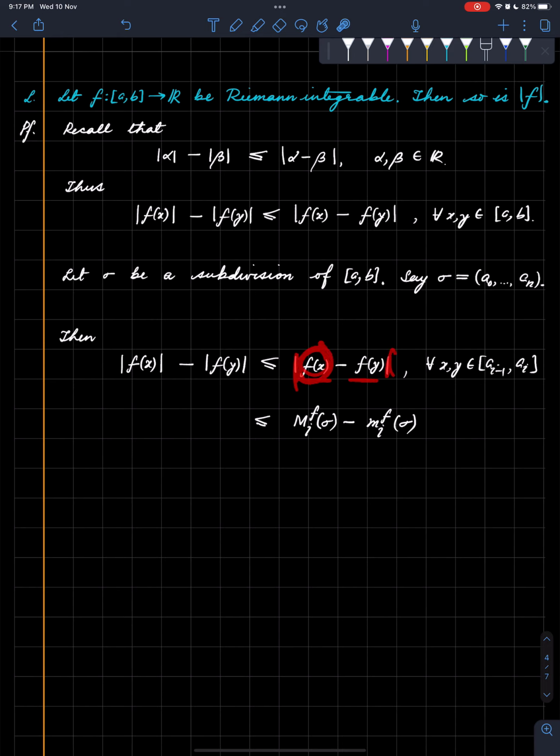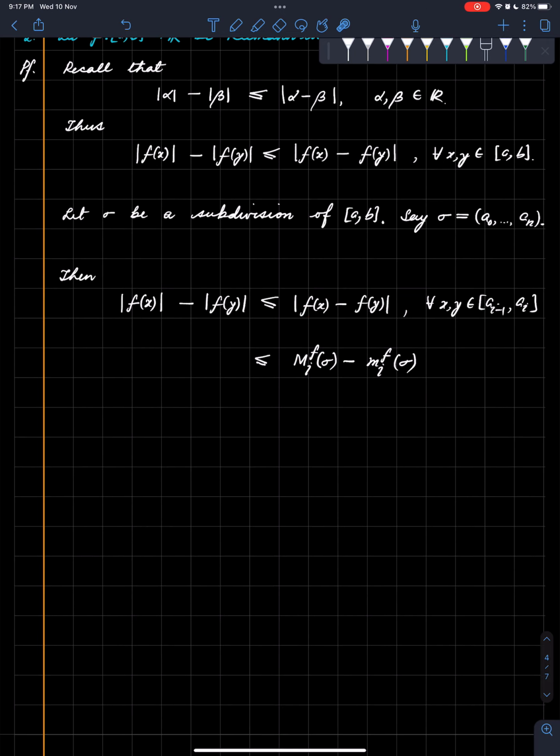Then this guy is dominated by that, and this guy dominates that. But since we have a minus sign, this guy is dominated by that guy. So therefore we have that. And if f(x) were less than f(y), then do the same argument for f(y) minus f(x), because when you take away the absolute values, it will become f(y) minus f(x), and we have this. So this is a very simple inequality. So this also holds for each x and y in the ith part.